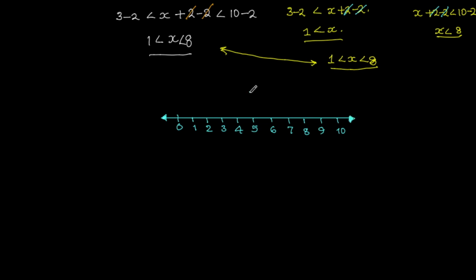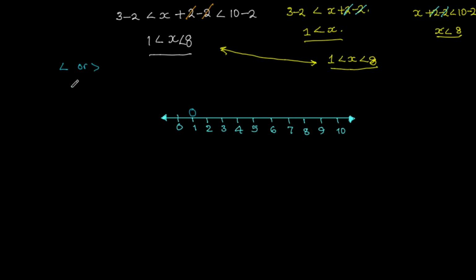So now let's go ahead and identify our solution. Let's come to 1 and then we form a circle, and because we have less than, remember from our previous video we discussed that if you have the sign less than or greater than, we use a circle which is empty.